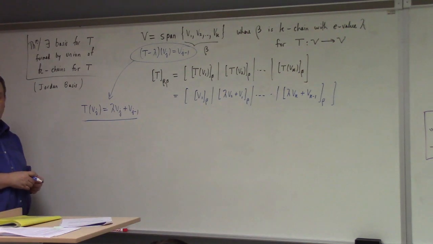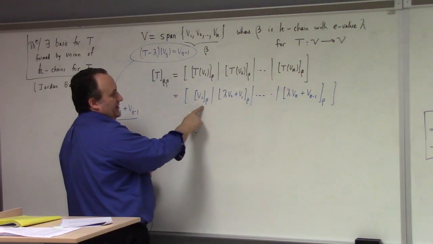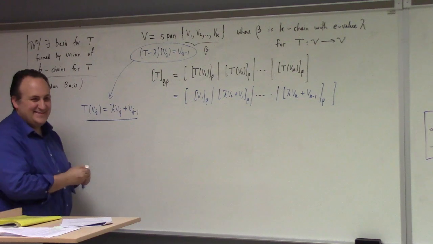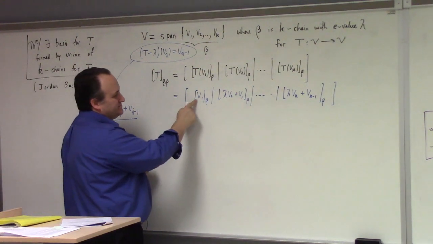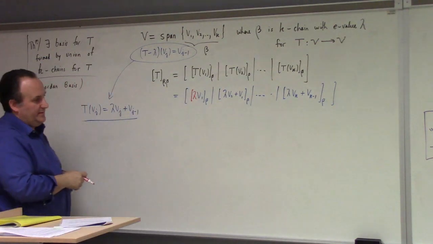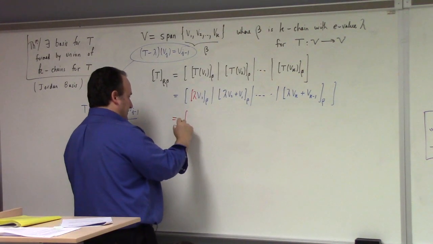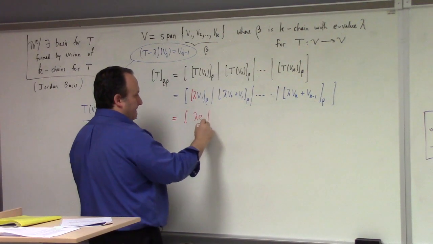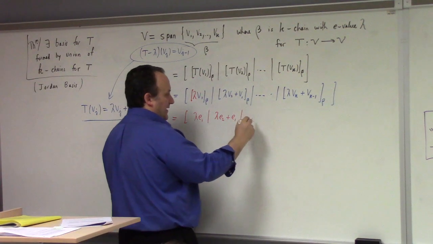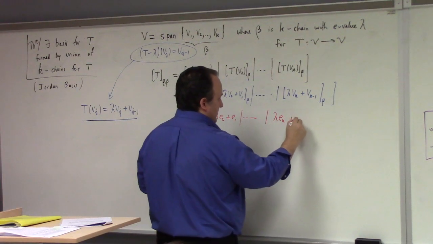What's the coordinate vector of v1? What am I missing? Something very important. What goes here? Lambda, yeah. So what we've got is lambda e1, then lambda e2 plus e1, and it continues until finally we get lambda ek plus e(k minus 1).